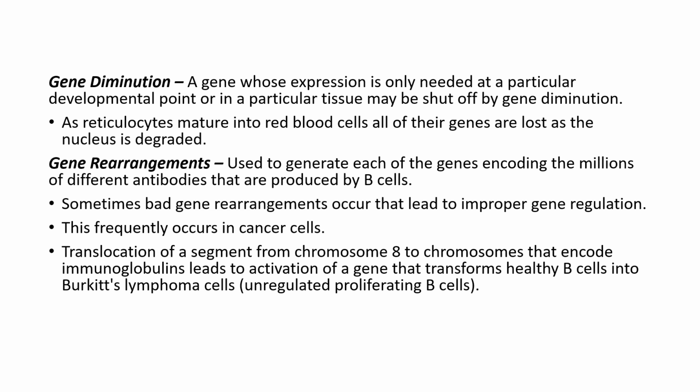The best example for such improper gene regulation is a type of cancer known as Burkitt's lymphoma. It is a variety of blood cancer where the translocation of a segment from chromosome 8 to chromosomes that encode immunoglobulins will lead to the activation of a gene that transforms the healthy B lymphocytes into Burkitt's lymphoma cells, or B lymphocytes which do not have any regulation over their proliferation.